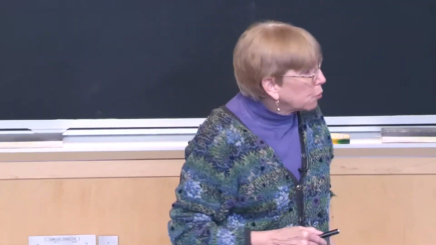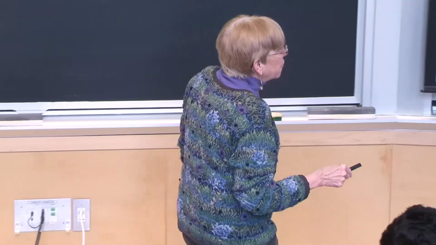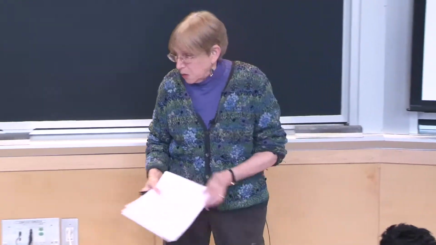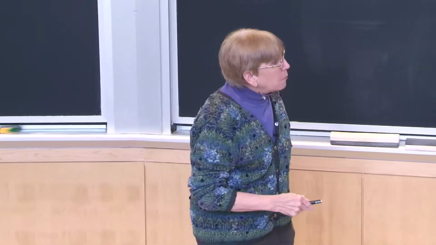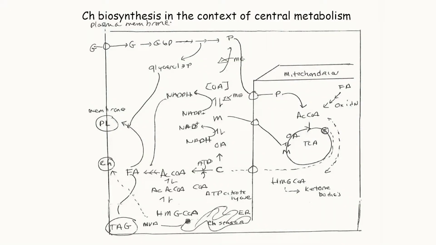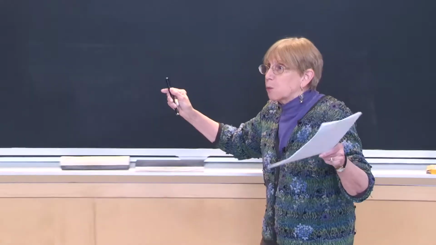Citrate is an intermediate in the Krebs cycle, the TCA cycle. This is part of all of central metabolism. We're going to see citrate again. It plays a central role in iron homeostasis as well. And citrate, there's a transporter that gets this into the cytoplasm. So here's the cytoplasm. There's an enzyme, citrate lyase, that uses ATP to generate acetyl-CoA. Okay, so acetyl-CoA is a central player.